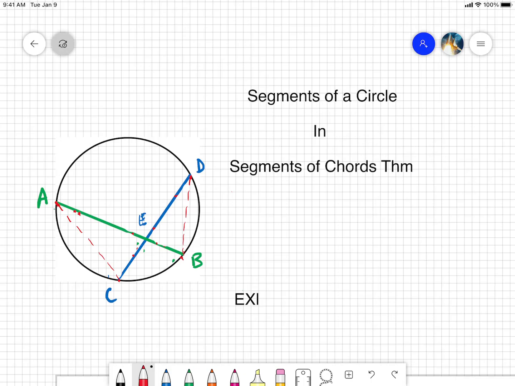So what I just created was two triangles. We can see that this angle right here, angle A, intercepts arc BC, and so does this angle right here, meaning that angle A and angle D are essentially congruent.